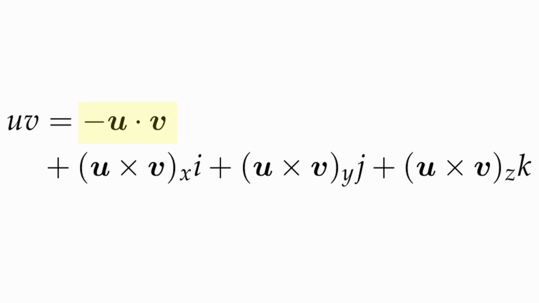The negative of the dot product of our two vectors then corresponds to the real part of the quaternion product, and the cross product of our two vectors corresponds to the imaginary part. So the multiplication of two pure quaternions results in both the scalar dot product and the vector cross product.